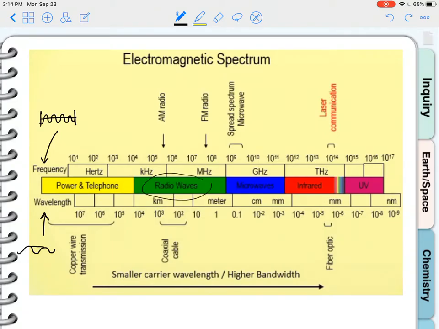Then you have radio waves. And I believe that one is microwaves. It should be. It's hard to read. Microwaves right there. Infrared we cannot see. And then UV, ultraviolet, those are the dangerous ones that can cause cancer and all sorts of problems.